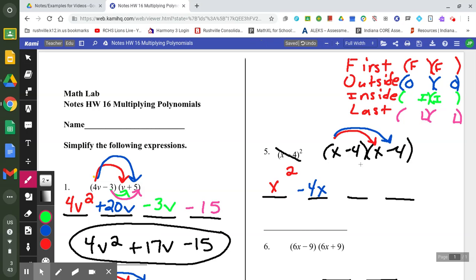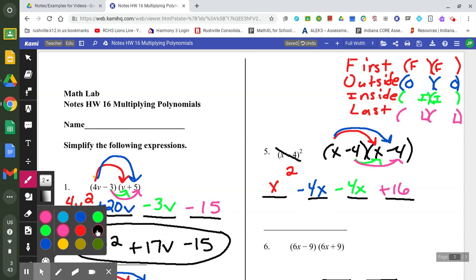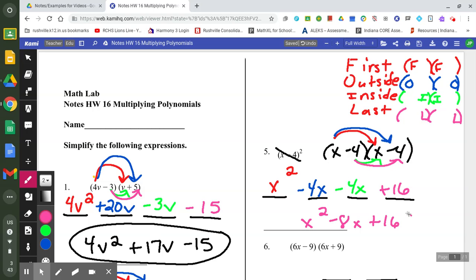Inside terms, negative 4 times x, negative 4x. And last terms, negative 4 times negative 4 is plus 16. For my final answer, I need to make sure that I combine my two middle terms. So minus 4x minus 4x is minus 8x plus 16.